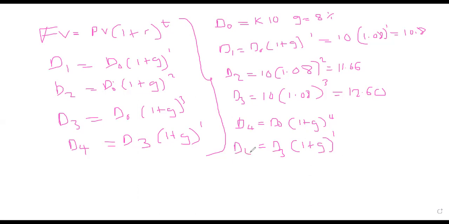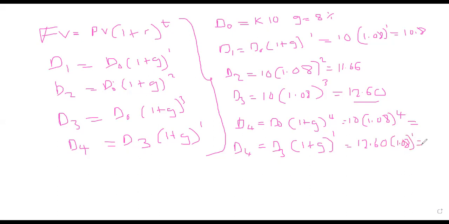So are we going to get the same answer? Let us see. Here we're going to have 10 times 1.08 to the power 4. And here I'm going to say the D3 we got, which is 12.6, times 1.08 to the power 1, because it's coming from the previous year.